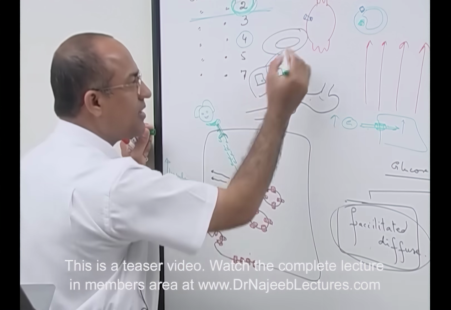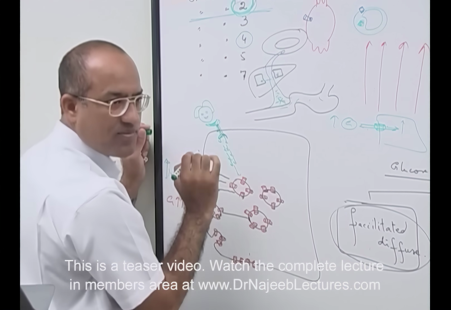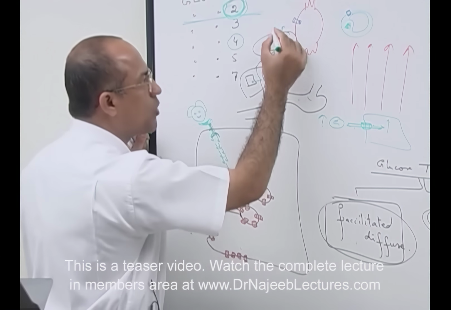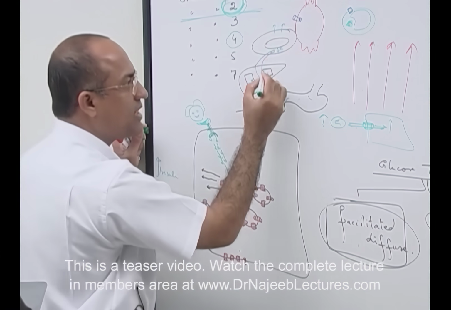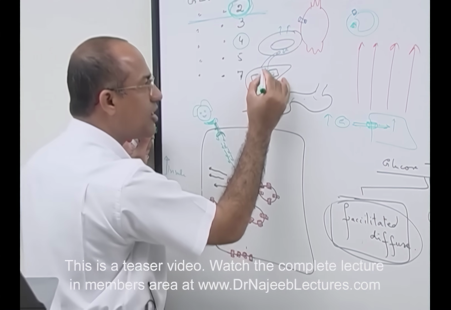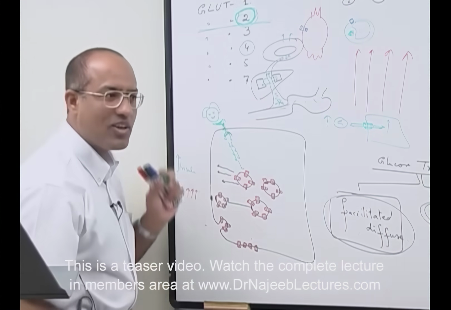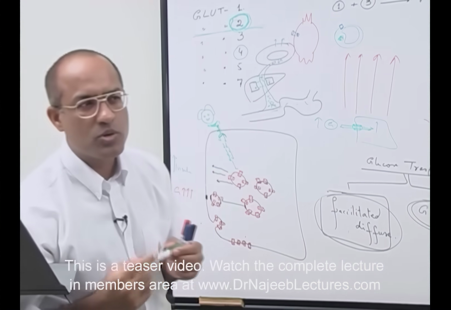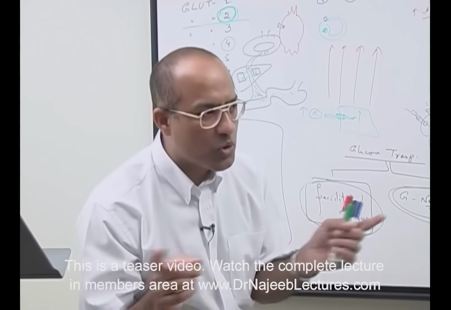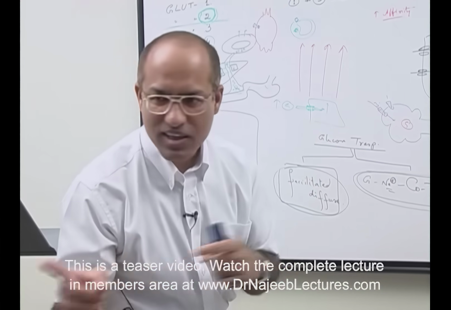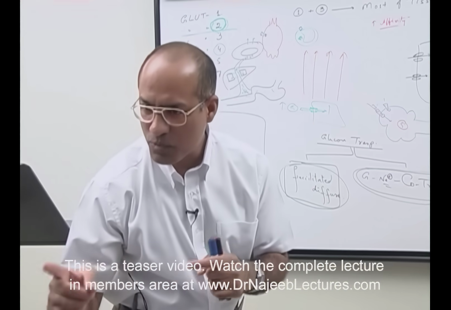And when no glucose is coming from the GIT and tissues have used the glucose and the level is very low, then liver cells should release glucose. So liver cells should have what type of glucose transporters which work two-way? Number 2. Is that right?